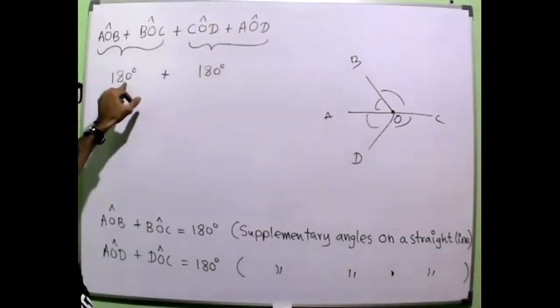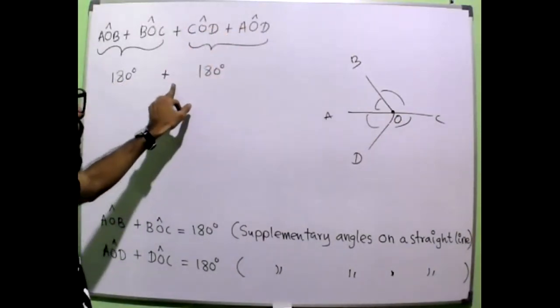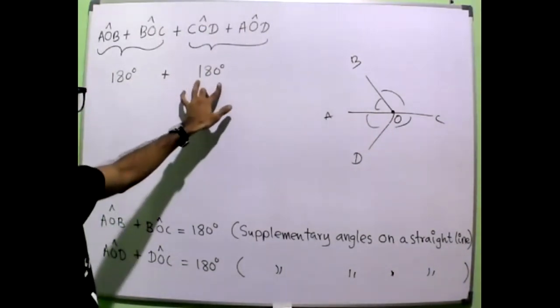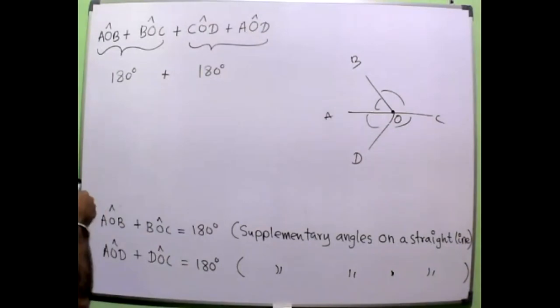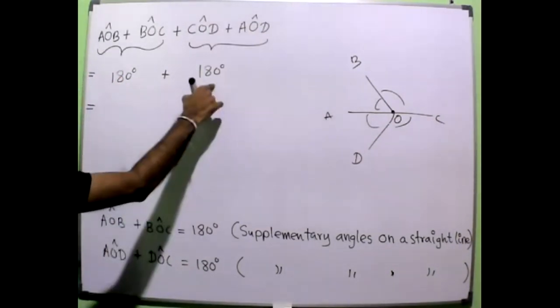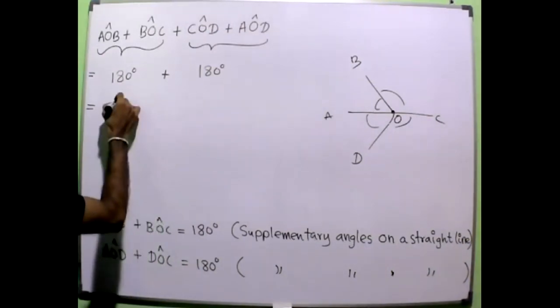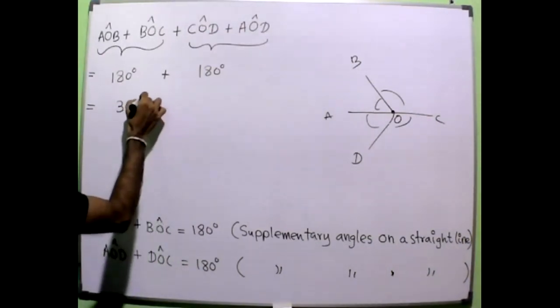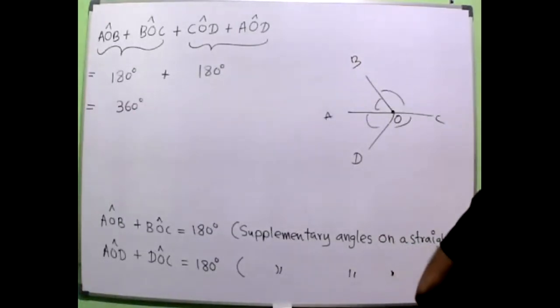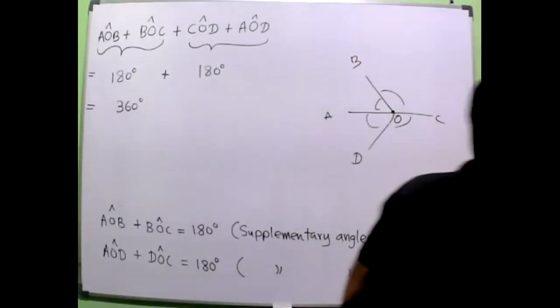So it will give me 180 plus 180. If you add 180 plus 180 together, it will give you 360 degrees.